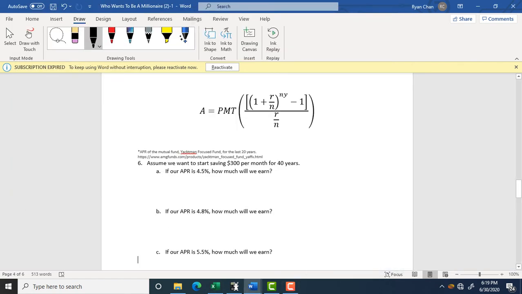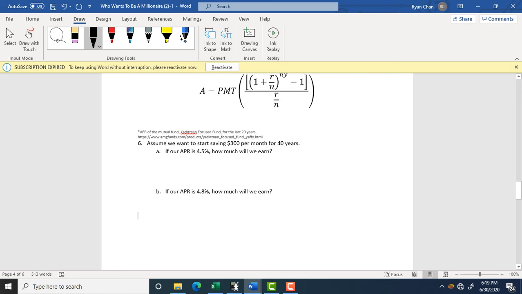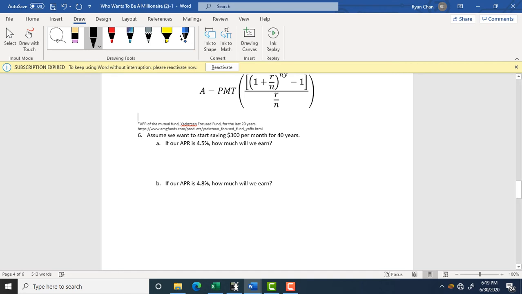Okay, so let's look at one more example, like 6B. It says, assume we start saving $300 a month for 40 years. If our APR is 4.8%, how much will we earn? Let's take a look.